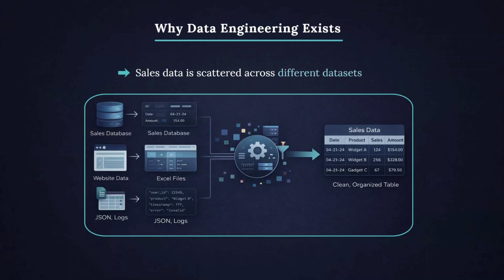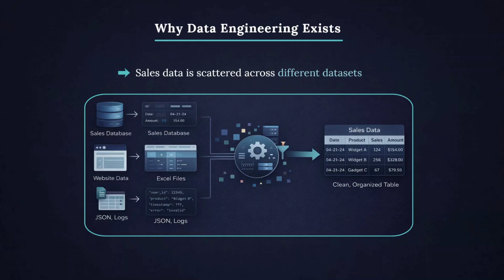That's because the data is scattered. One file might contain sales information, another product details, and another the payment data. To answer a simple business question, this data first needs to be combined and cleaned.